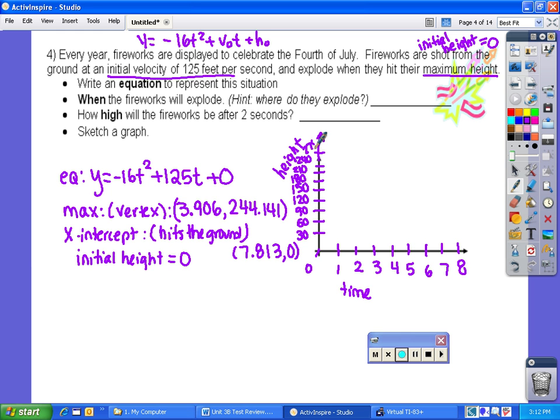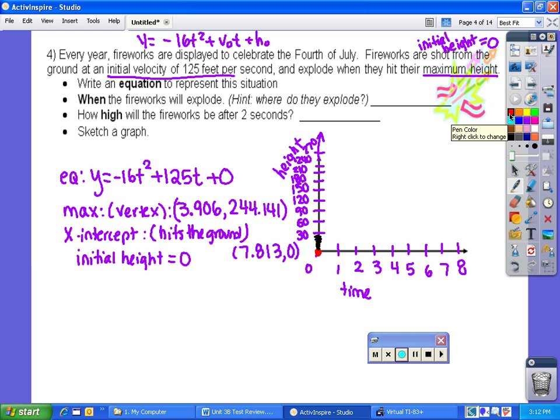Alright, I kind of ran out of numbers a little bit, so maybe I should have went by 40s, but that's okay. Alright, now we're going to plot it. Our initial height here is at 0. And don't forget, guys, your squiggly.